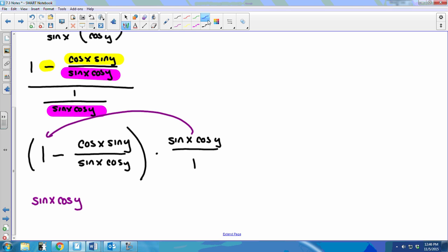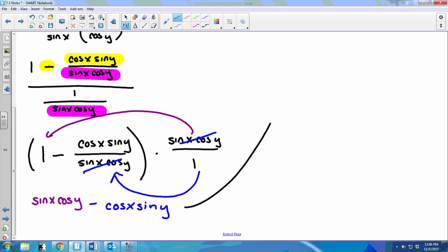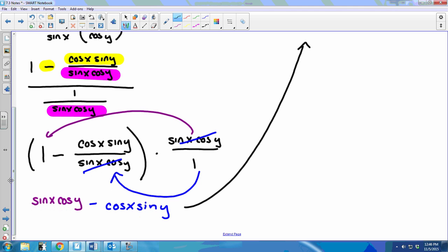And then I'm going to multiply sine x cosine y times this fraction. And by doing that, the numerator and the denominator cancel out. So I just have minus cosine x sine y left over, which is what I'm supposed to get way up here. Sine x cosine y minus cosine x sine y. All I do is multiply by the reciprocal and distribute.